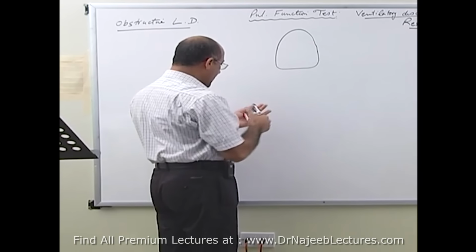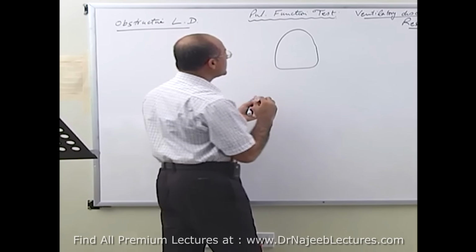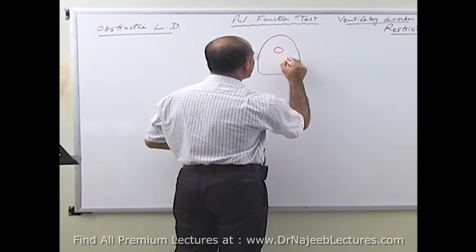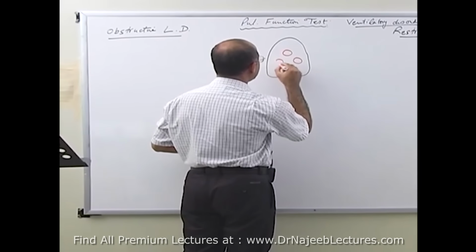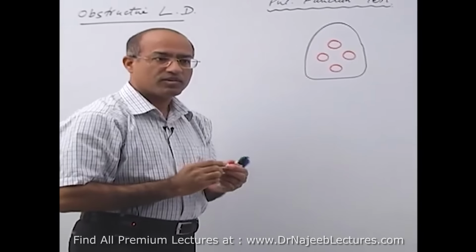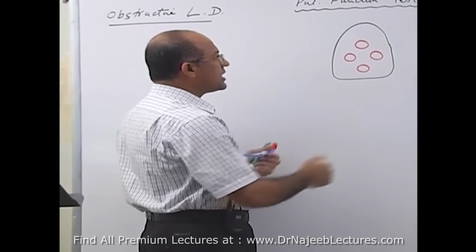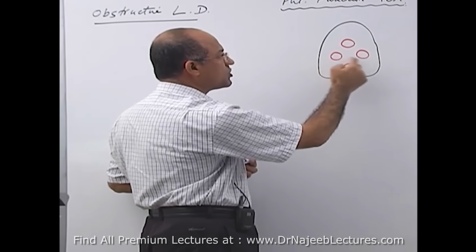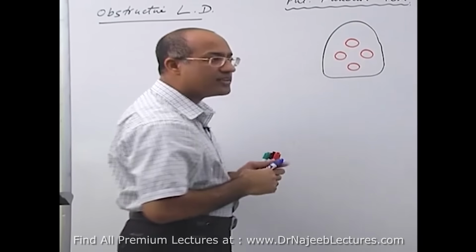Let's suppose this is one lung and here are its airways in the cross section. These are cross section of airways, right? And as you know that airways are surrounded by the lung parenchyma, which consists of air spaces and alveoli, right?